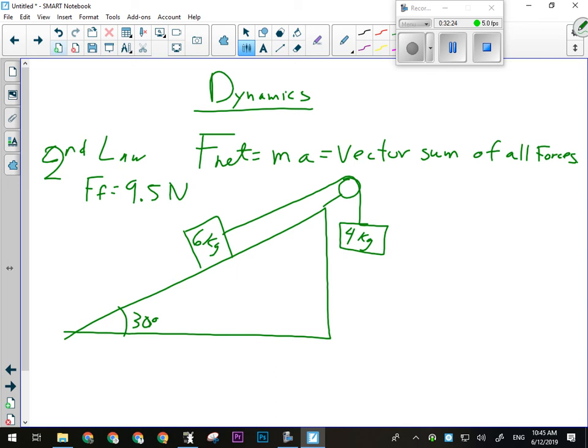I think that should still work. I want the acceleration of the 4 kilogram mass. Okay, I want to find the acceleration of the 4 kilogram mass.